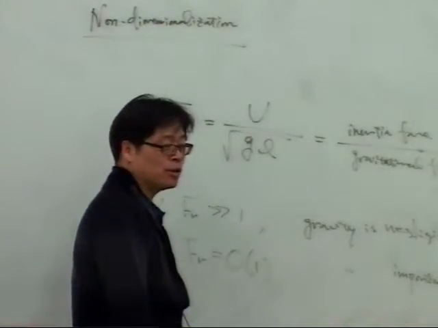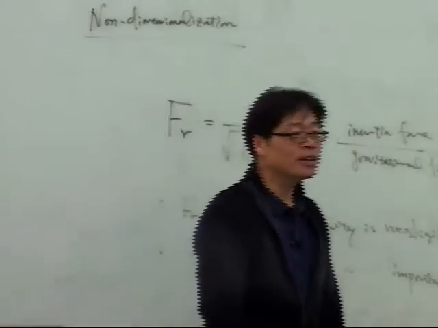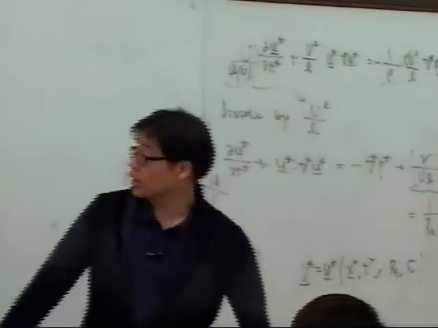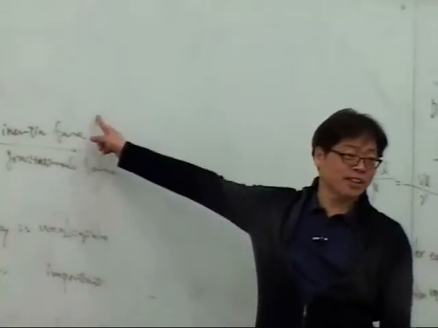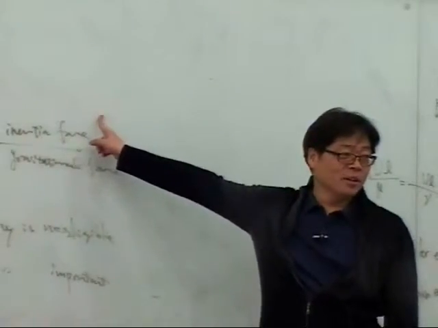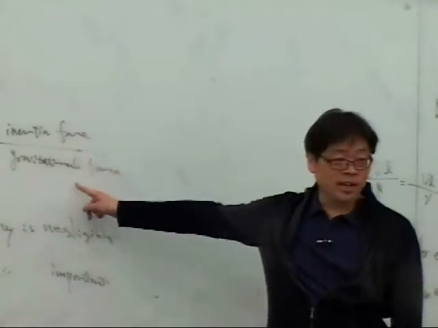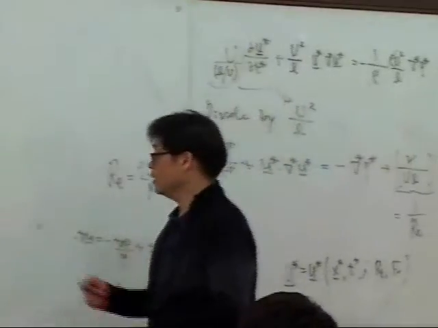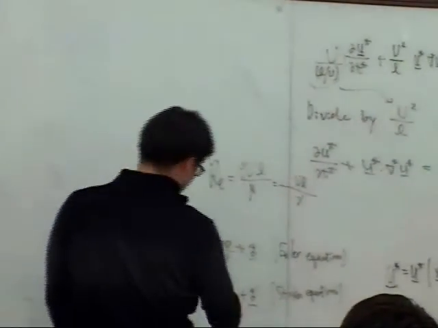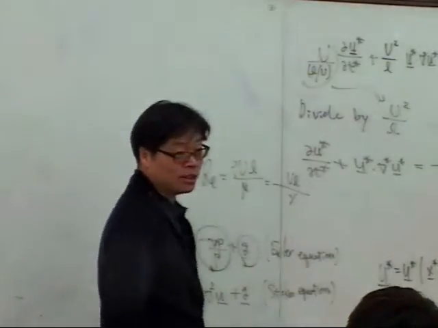So for example, as an extreme case, if U is 0, if the ship is not moving, then the Froude number is what? 0, meaning that this term is much bigger than this, of course, because the ship is not moving, so there is no inertial force. And in that case, you have to include this term and this term, because U is 0.